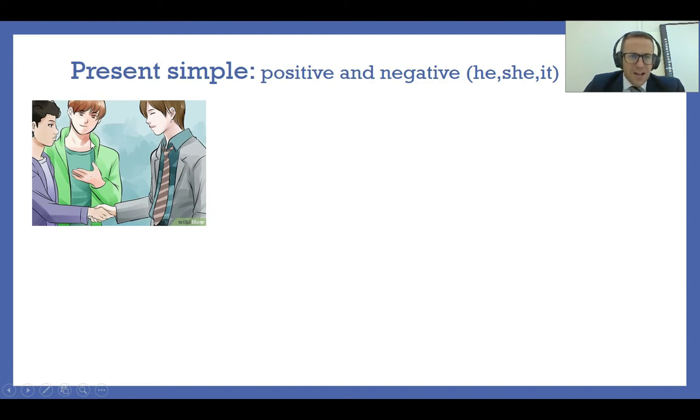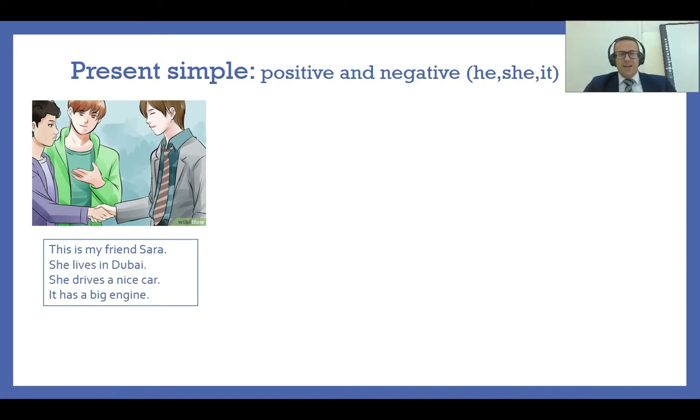The man in green is talking to the other man in the tie about his friend Sarah. This is my friend Sarah. So he's talking about her, she. So it's a third person. Now he says she lives in Dubai. She drives a nice car. It has a big engine, the car.